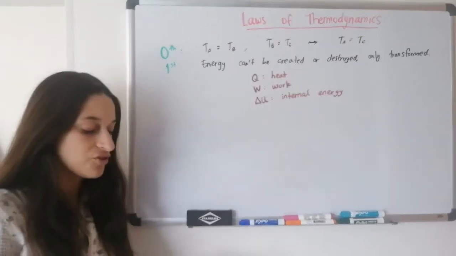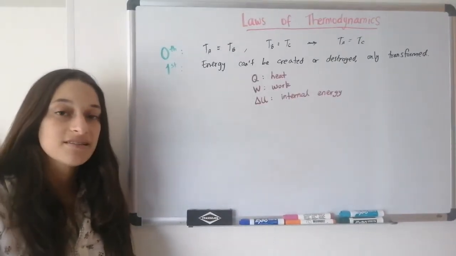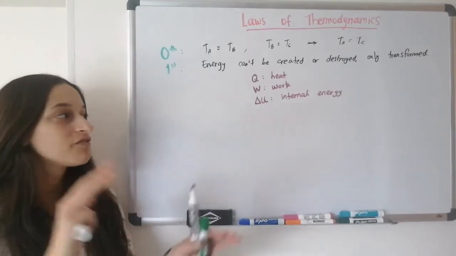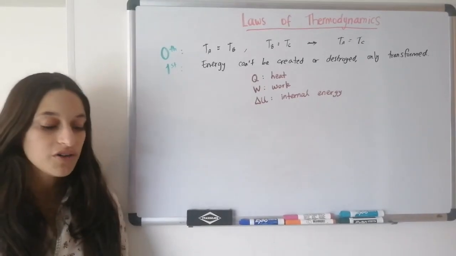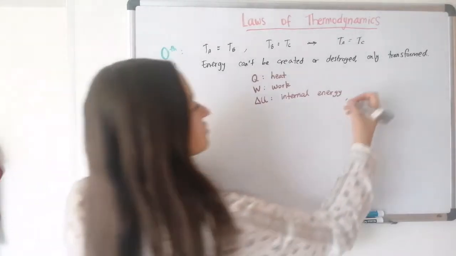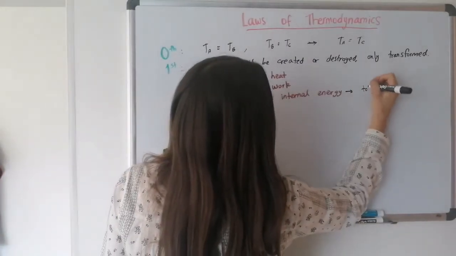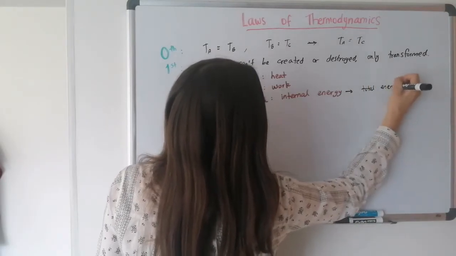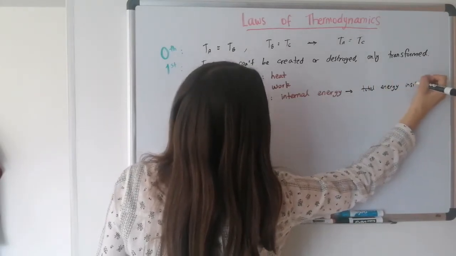So what is internal energy? Internal energy is, when we have a system, the total sum of energies of the system. So all the energy that it has inside. So it's the total energy inside a system.